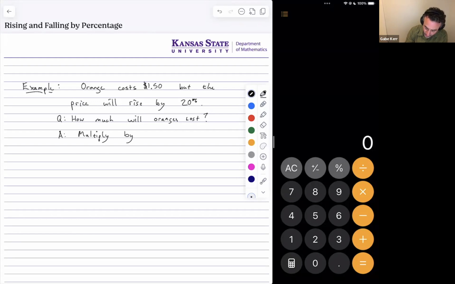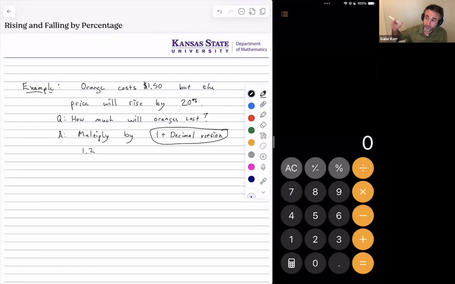So the answer, if I write this as the question, is multiply by 1 plus the decimal version. Okay, that's the key. So we get 1.2. Remember, when you go from a percentage to a decimal, you divide by 100 or move the decimal over two, and you multiply the cost of the orange, which is $1.50, and you will get that amount.